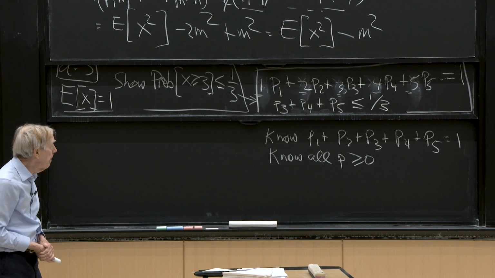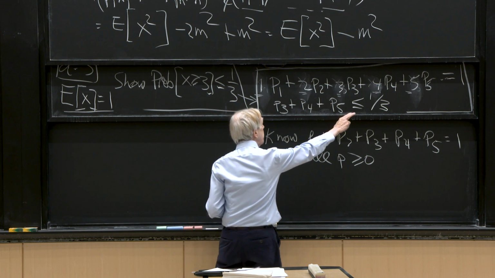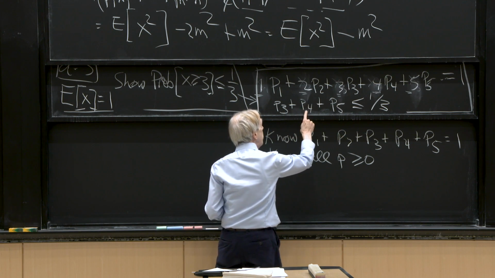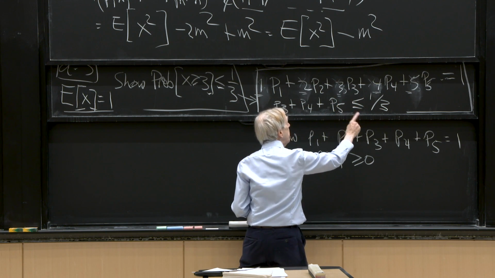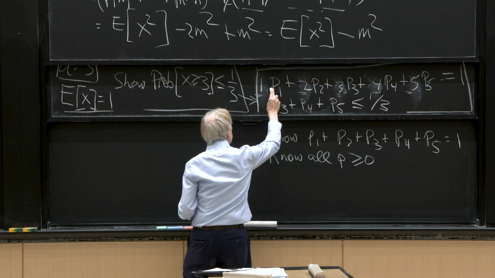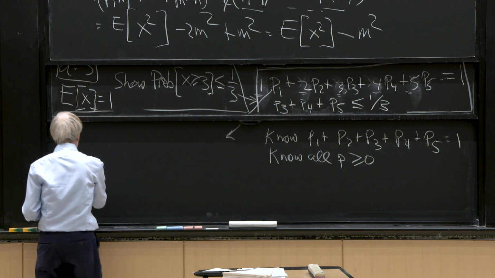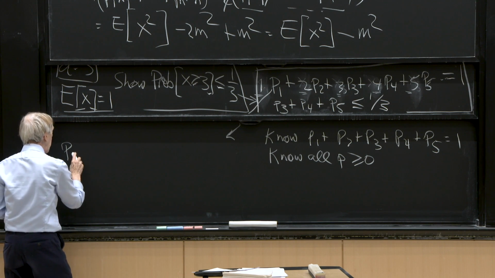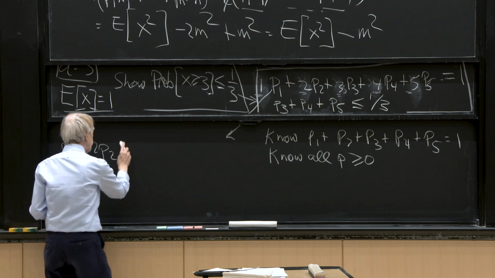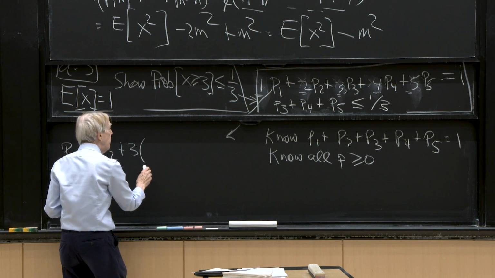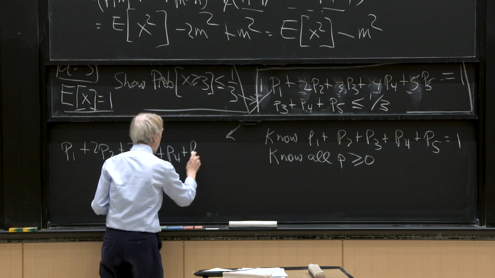So here we go. I think my idea is this is looking at 3 times P3 plus P4 plus P5. So I'm going to take 3P3 plus 3P4 away from this. So this will say P1 plus 2P2 plus 3 of P3 plus P4 plus P5.